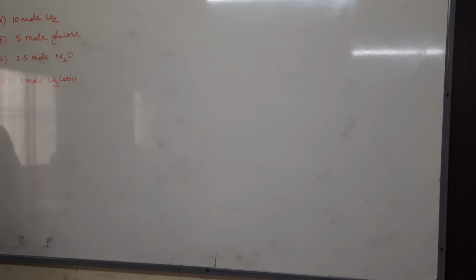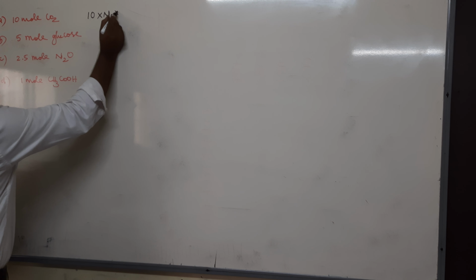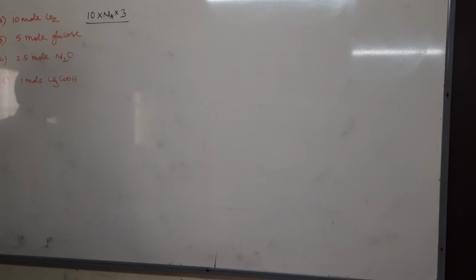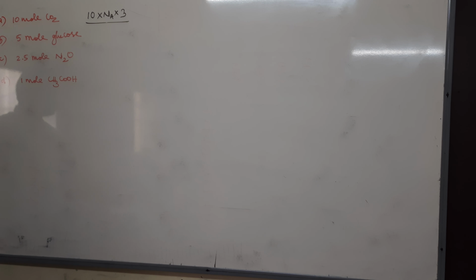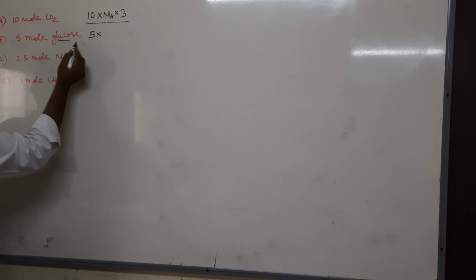Second option. Okay. Tell me, how to calculate number of atoms? It is 10 mole, no? 10 mole has how many atoms? It is 10 into Na into atomicity 3. So 10 into 10 is a mole, because 1 mole is Na. 3 is the number of atoms. Second one, 5 into atomicity. What is the atomicity of glucose? 24.